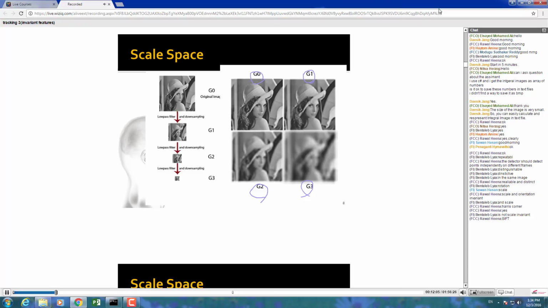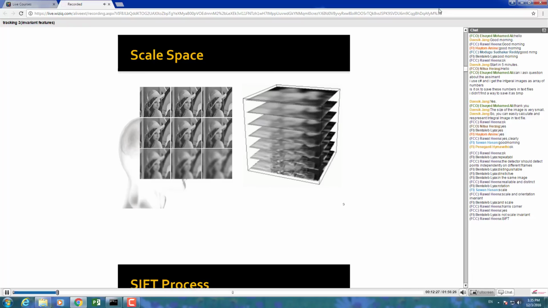But by using Gaussian smoothing, we can keep the size of the image, so we don't need to change the size. It has lots of advantages in terms of calculation. That is the concept of scale space we're using for SIFT features. Basically, we can place the images as a kind of stack.